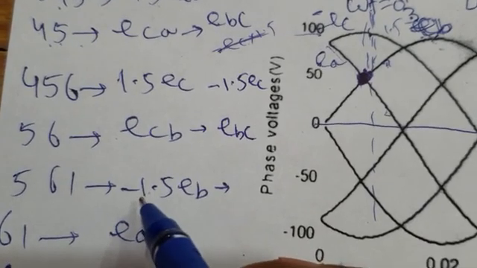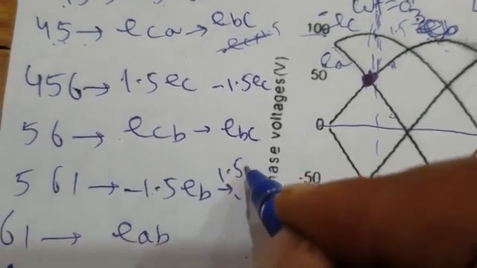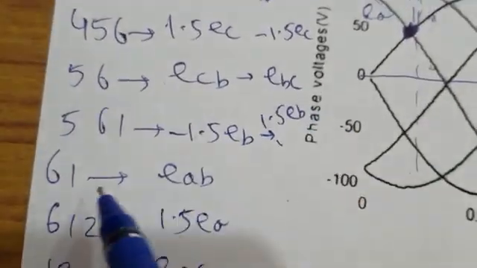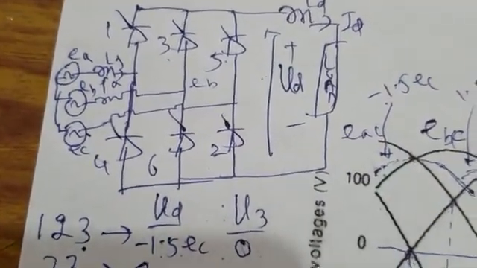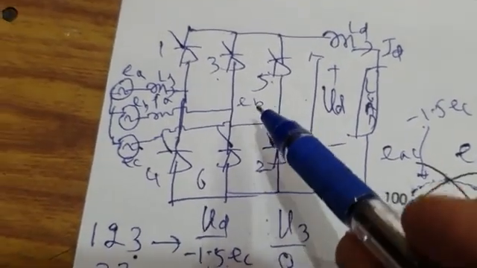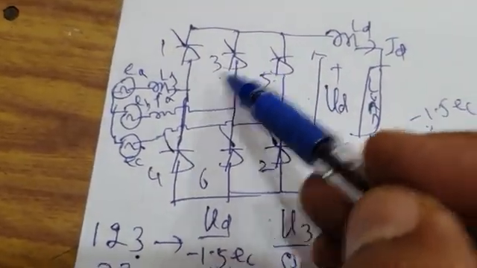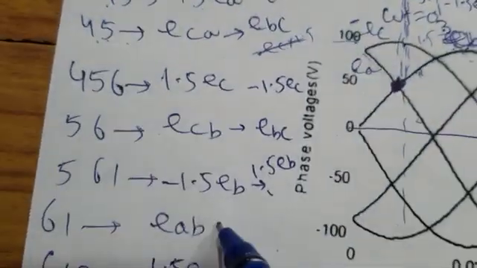Load voltage is minus 1.5 EB and valve voltage will be plus 1.5 EB. Okay. Uske baad 6, 1. Now 1 is conducting. See, this is 1. Your anode voltage is EB and 1 is conducting means cathode voltage is EA. So EBA.